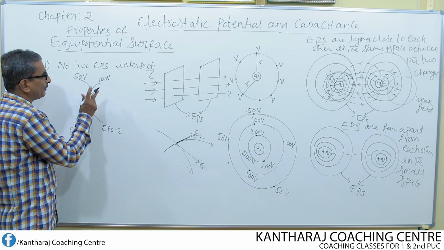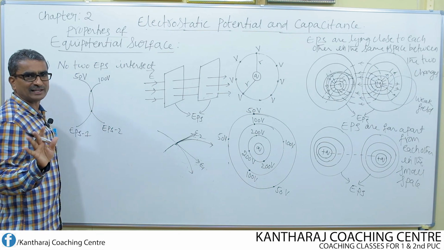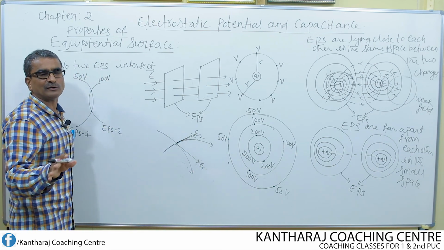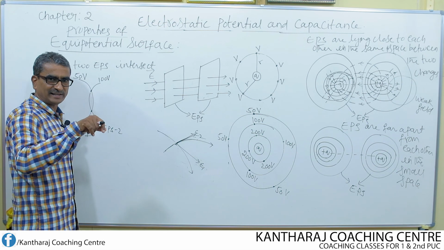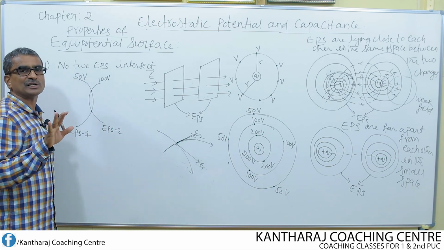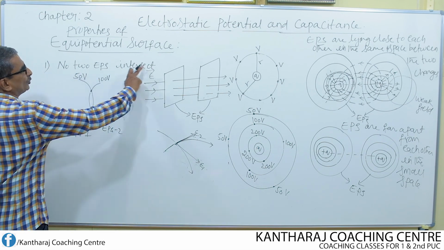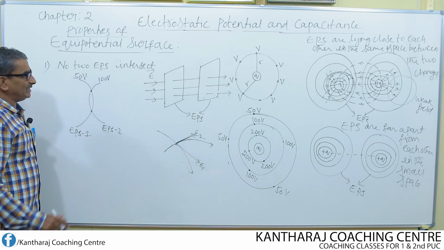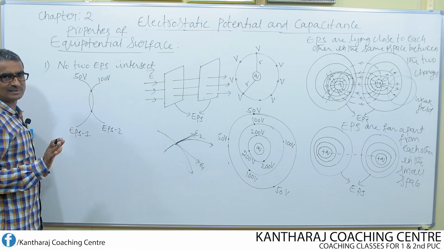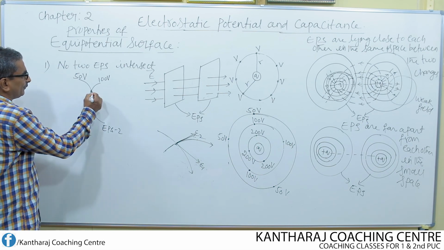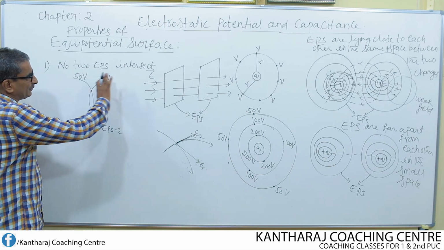Because at one single point, two electric potentials do not exist, in the same way as two electric field directions do not exist at one single point. So, that is why no two equipotential surfaces intersect with each other. Even you cannot take the average. It's not admissible here. Therefore, two equipotential surfaces do not intersect.